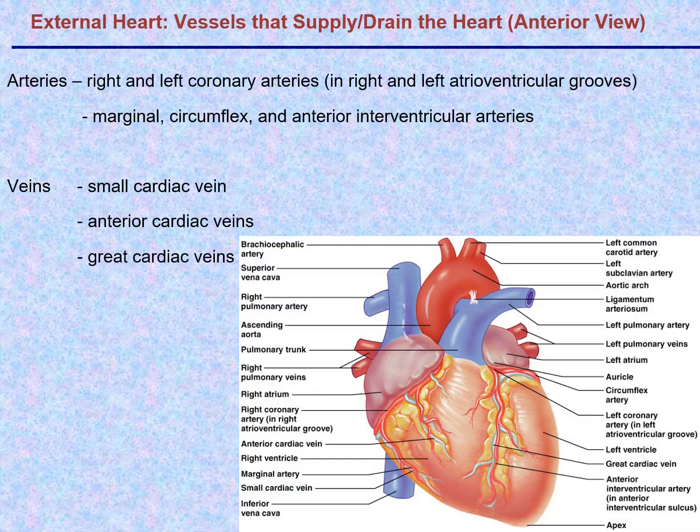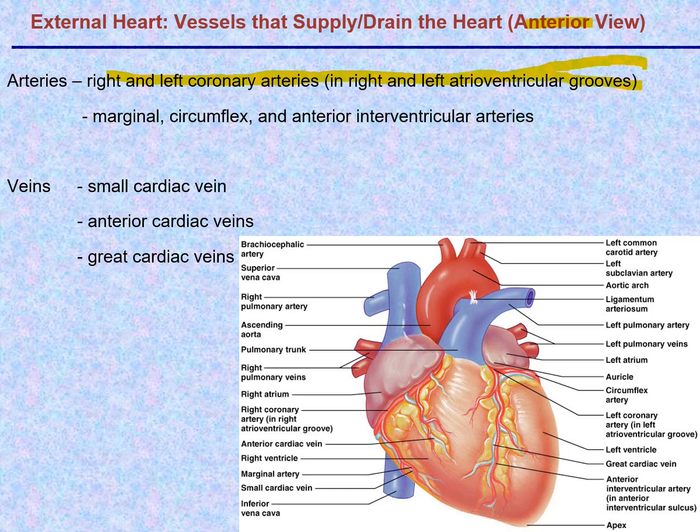So there are external vessels that supply and drain the heart. This is the front view or anterior view of the heart. We have the right and left coronary arteries in the right and left atrioventricular grooves that I've spoken about. And there are other arteries which I'm not going to ask you to learn.